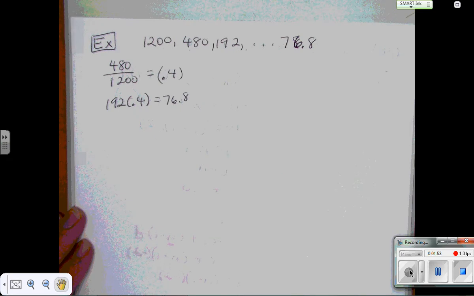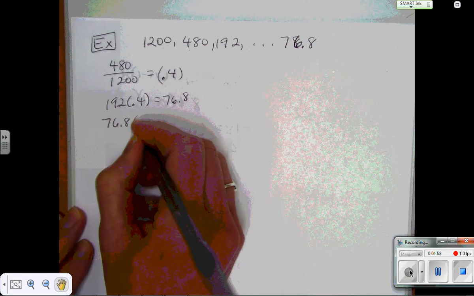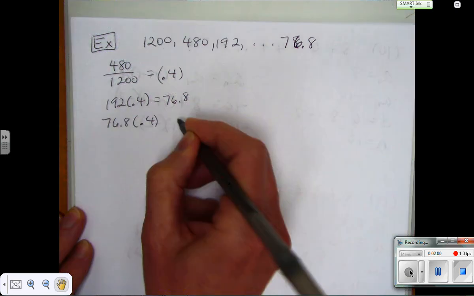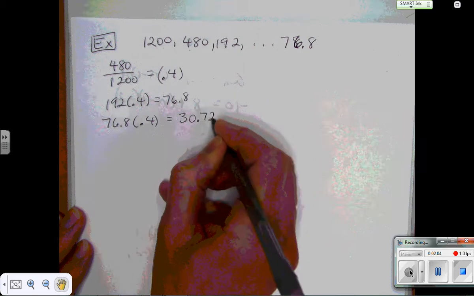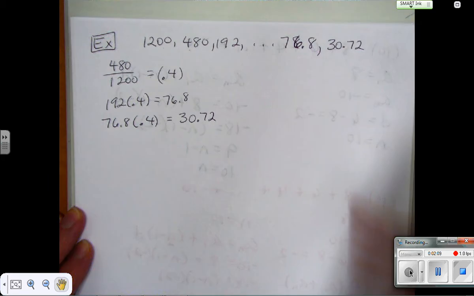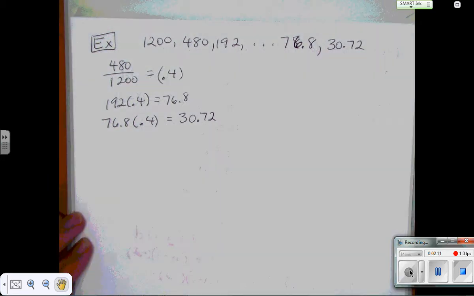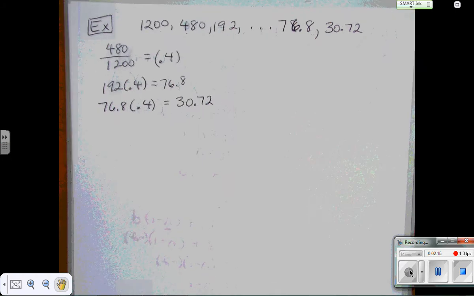And for the fifth number, I'm going to take 76.8, multiply that times 0.4, and I get 30.72, and that's my fifth number in the sequence.